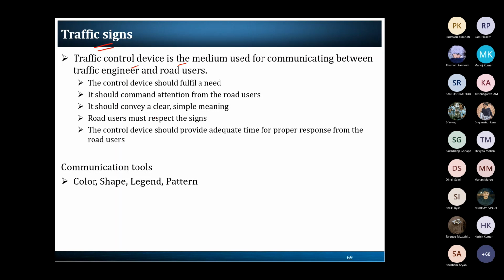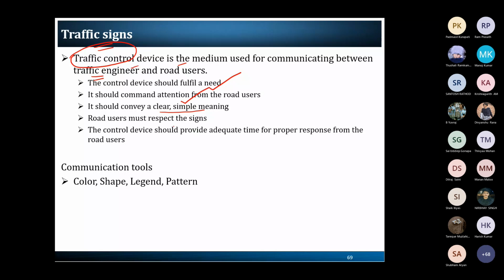To normalize my driving behavior, the engineers provide facilities in that corridor. That communication between these two major components is defined by the traffic control device. The traffic control device fulfills the need, giving road users more attention on how to drive, and it easily and simply conveys the message to the driver.